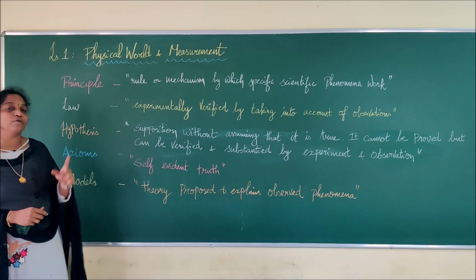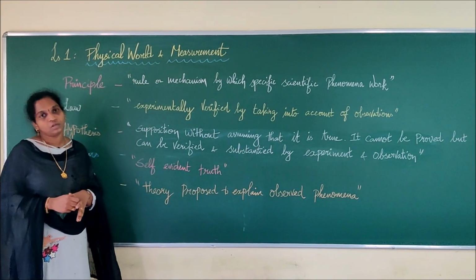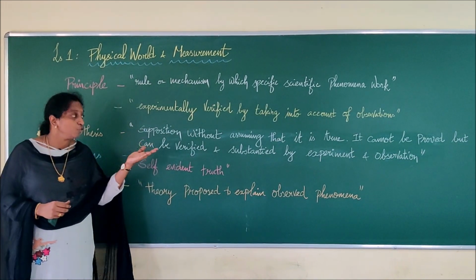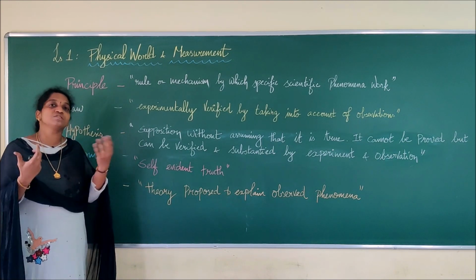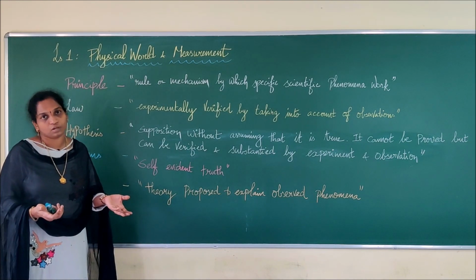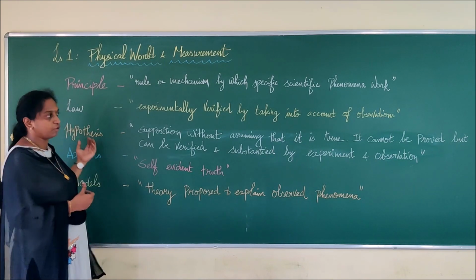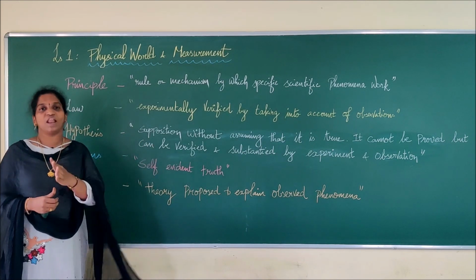Apart from that, we are using a thing called hypothesis. What is meant by hypothesis? A hypothesis is a supposition without assuming that it is true. We will not say that, but we will assume something from our observation. So our assumption of some happening is called a hypothesis. It cannot be proved. You cannot say that while doing so this will happen.